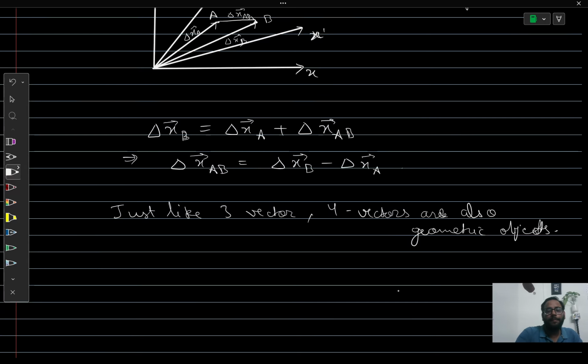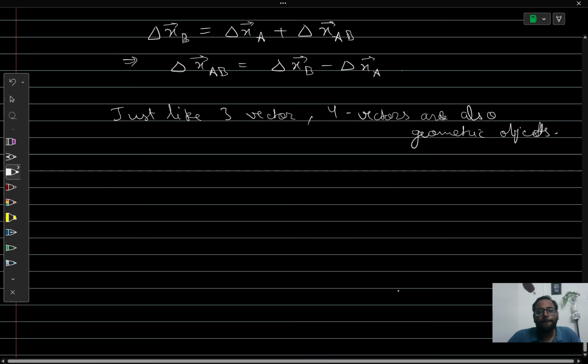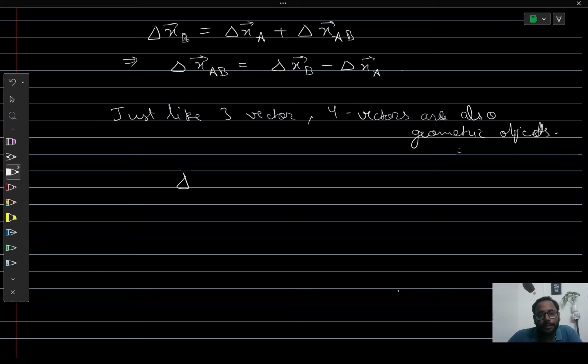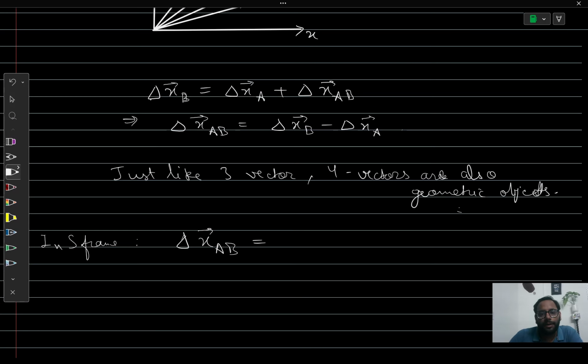So it is a geometric object means this vector AB in S frame, suppose in S frame, can be written, I mean, let's not write summations from now because we have introduced Einstein summation convention. This is a four vector, so I should write it like this.